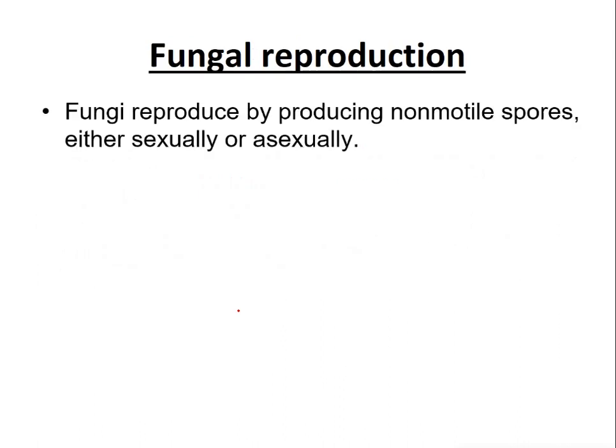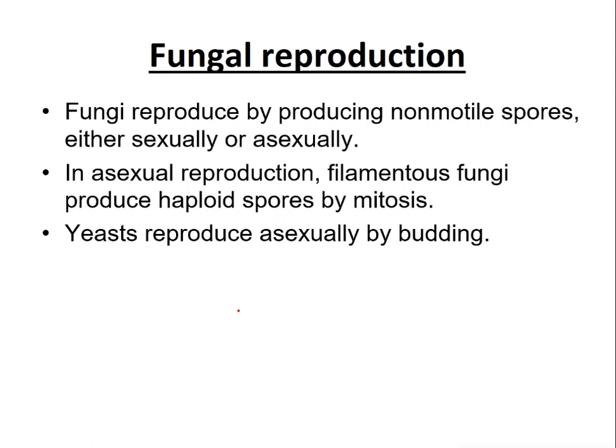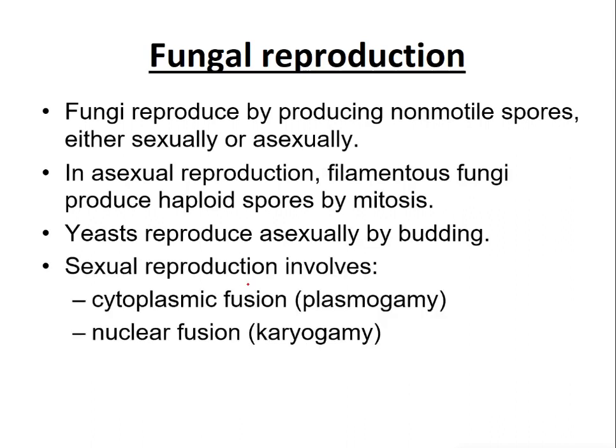Fungal reproduction. Fungi reproduce by producing non-motile spores, either sexually or asexually. In asexual reproduction, filamentous fungi produce haploid spores by mitosis. Please take note: in asexual reproduction, fungi produce haploid spores, where the ploidy number is n, by mitosis.